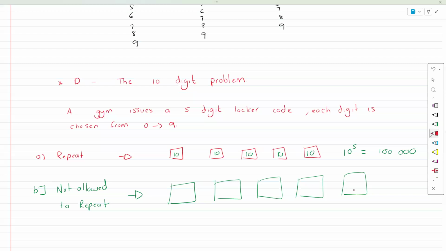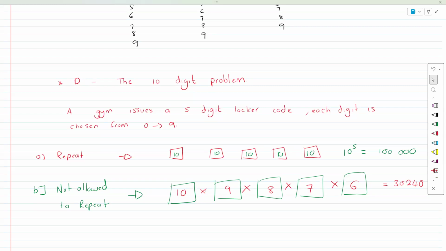Guys, the first slot has 10, then 9, 8, 7, 6. And if you multiply all of this, that's 300, oh, that's 30,240 actually. That's all there is for this question. We don't need to use any formulas. We don't need to panic.